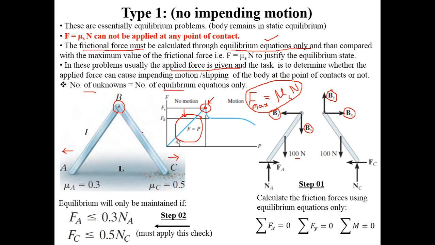And notice that since it was a common joint, if we have shown the direction of Bx on this member AB in the negative x direction, then we have shown this Bx to be in the positive x direction on the other member BC, and this is because of Newton's third law. When we again combine these two members together at this point, then this Bx is going to cancel out this Bx internally.